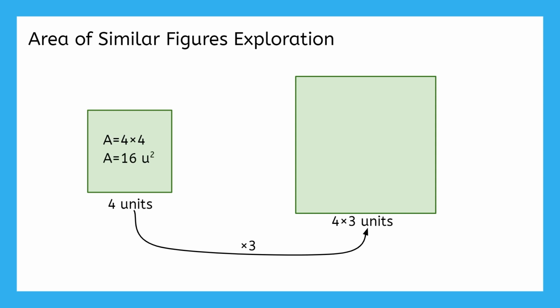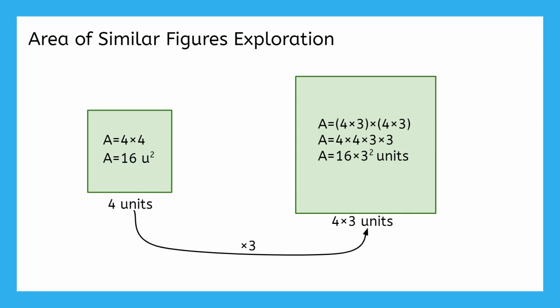When I go to find the area of the larger square, I wind up multiplying in this scale factor twice, once for the base and once for the height. With a little bit of rearranging, we can see how that scale factor of 3 becomes 3 squared in the area equation for the larger square.